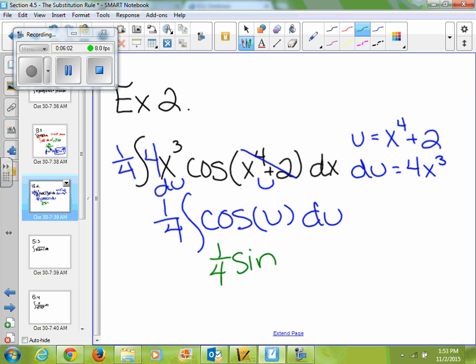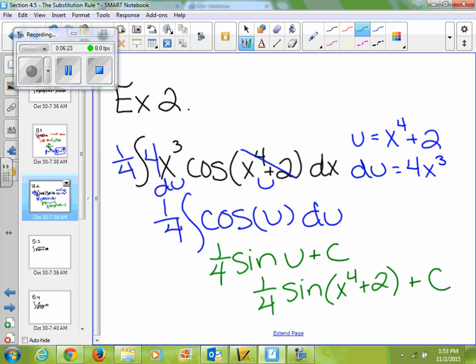So the integral of cosine is sine, so this integrates to 1/4 sine of u plus c. So then if I replace my u with what it originally was, x to the 4th plus 2, then this integrates to 1/4 sine of x to the 4th plus 2 plus some unknown constant.